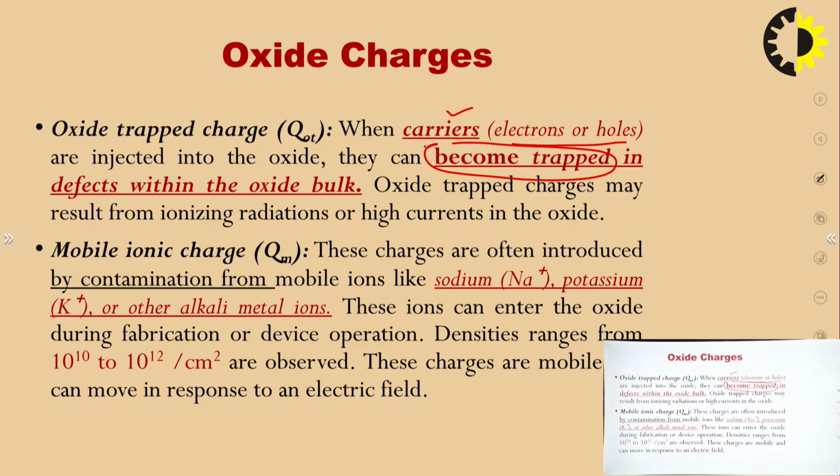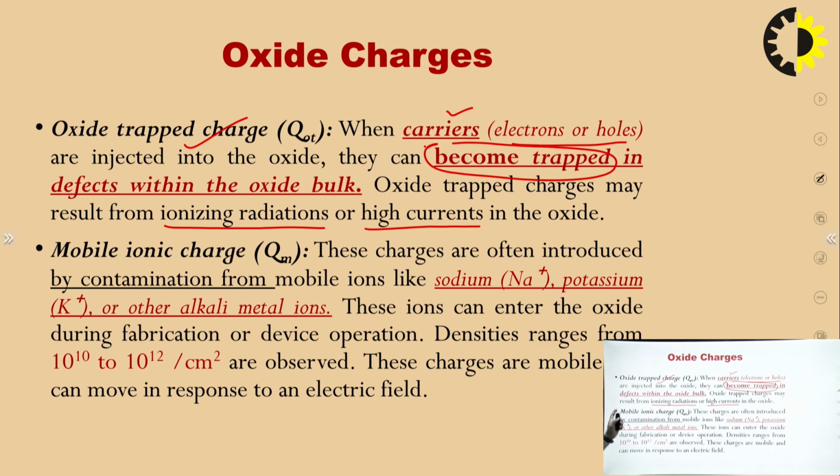If these charges such as electrons or holes get trapped inside the oxide layer, then these kinds of charges are known as oxide trapped charge, and it may happen because of ionizing radiations or high currents. We know that we provide ionizing radiations or high currents in case of plasma oxidation.